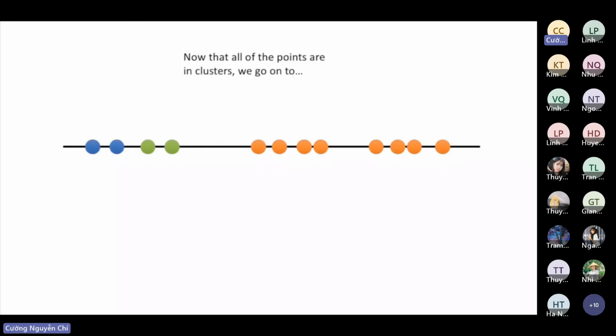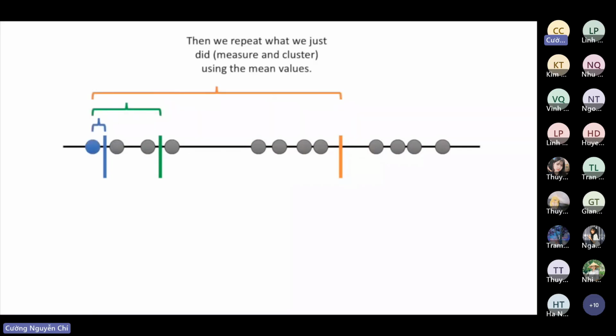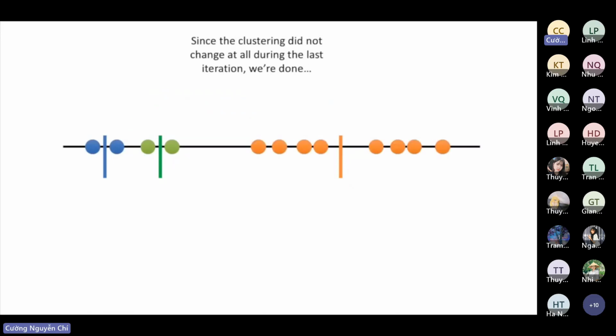Now that all the points are in clusters, we go on to step 5. Calculate the mean of each cluster. Then we repeat what we just did, measure and cluster, using the mean values. Since the clustering did not change at all during the last iteration, we're done.